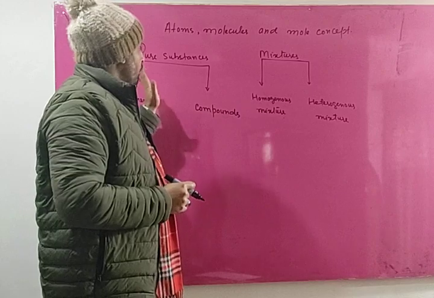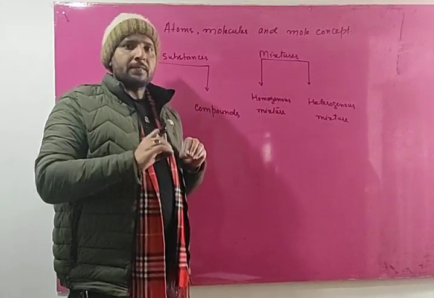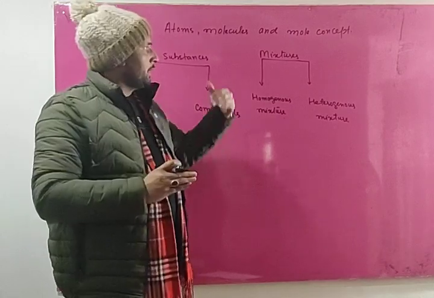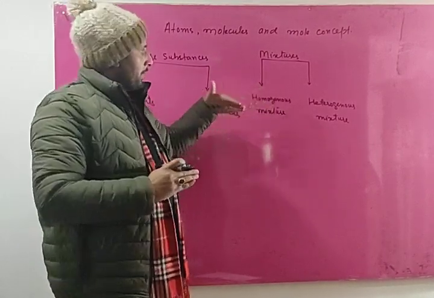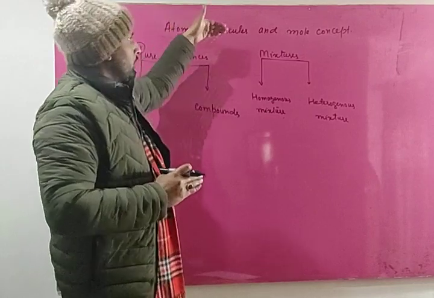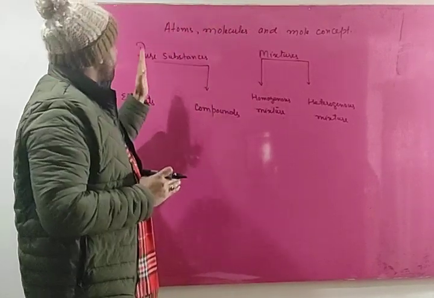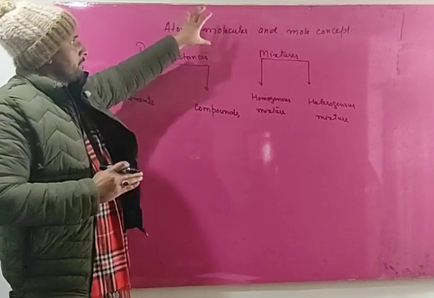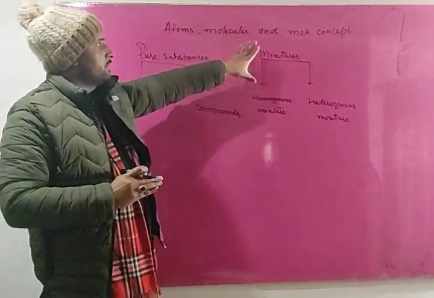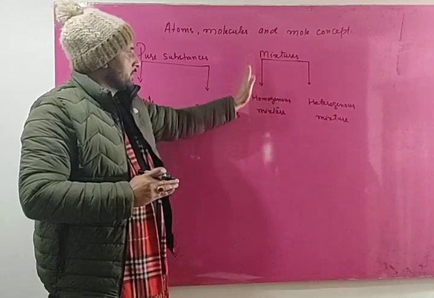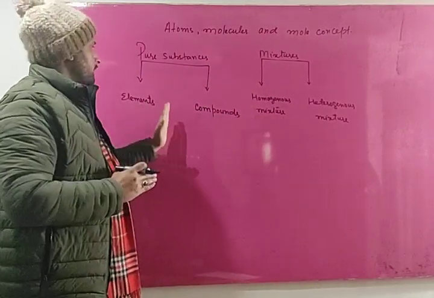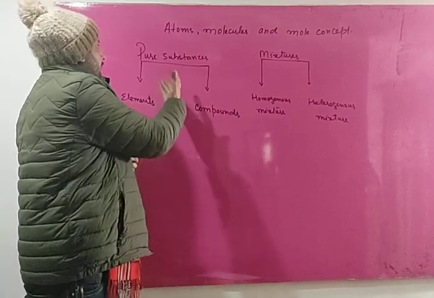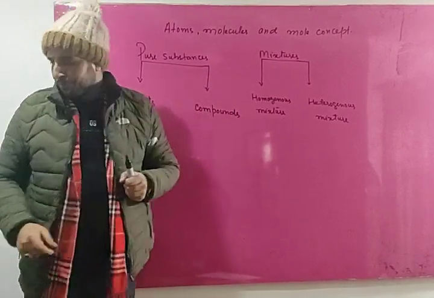When two or more than two pure substances are mixed in any proportion without reacting chemically, they form a mixture, right? But in this topic, we're discussing atoms, molecules, and mole concept. So for the time being, we will not discuss mixtures. We'll discuss elements and compounds because this will give us an idea how elements exist in nature.